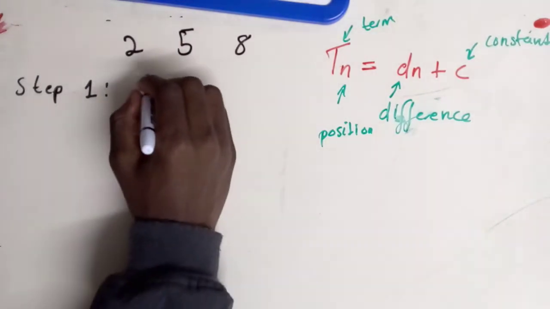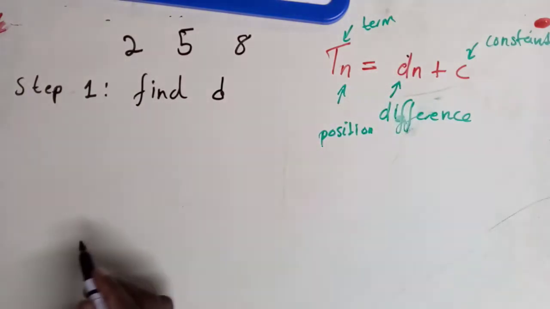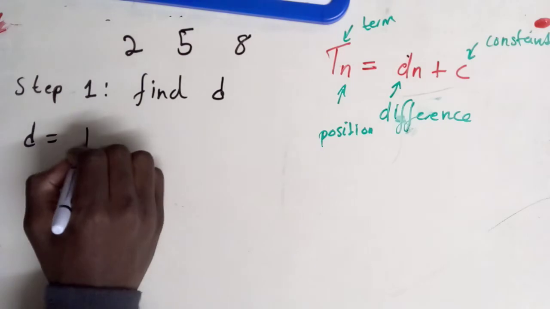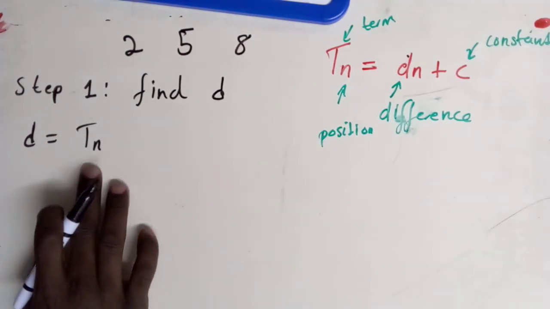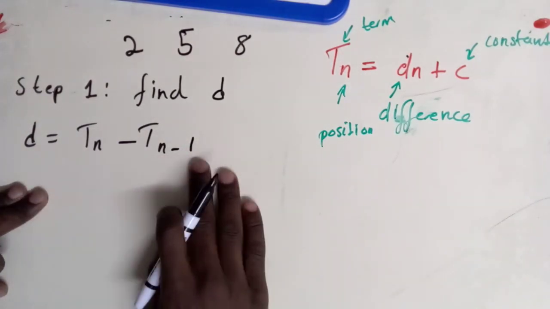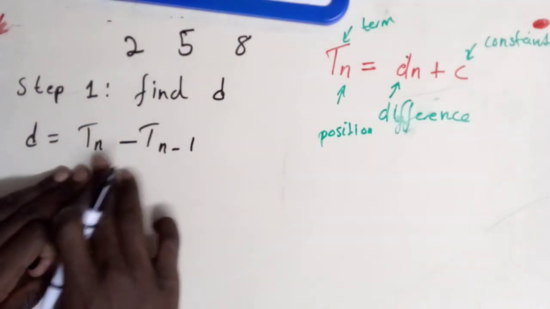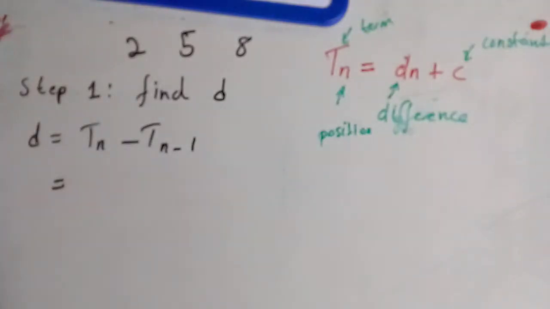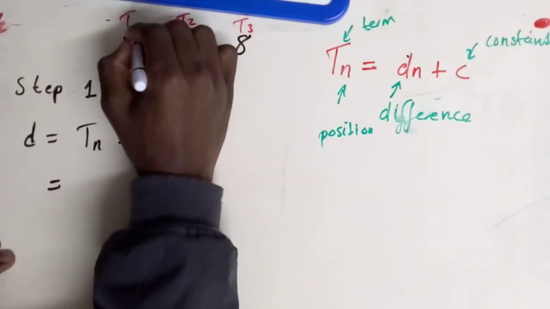Step number 1: find d. Oh, easy peasy. We know our equation. Again, if you don't understand how we get this equation, go back to the first video. In the first few videos, we said d is equal to Tn, some term, minus its previous term. We're going to take T3 and T2.